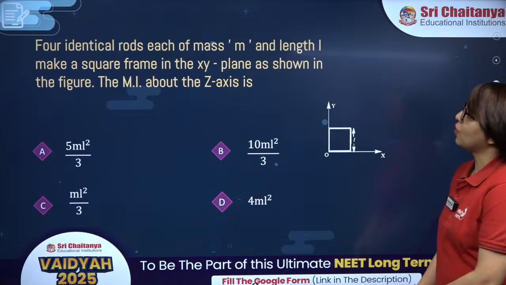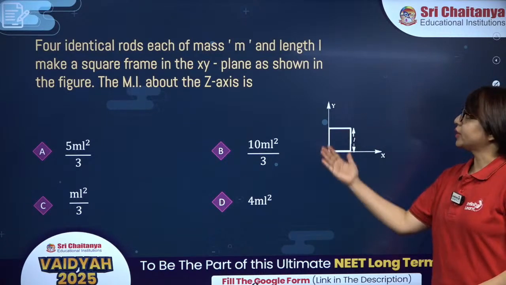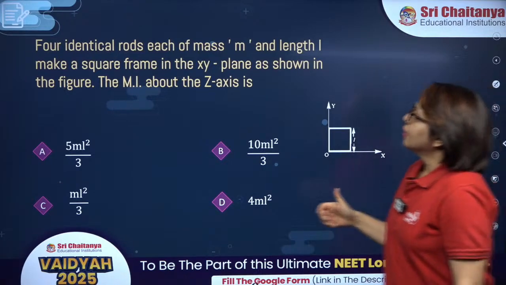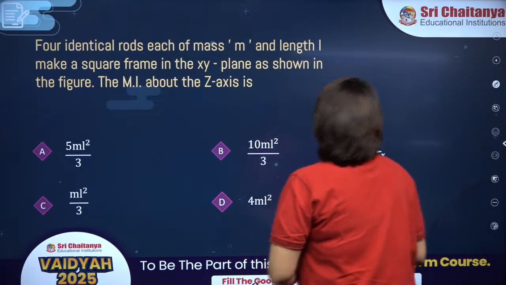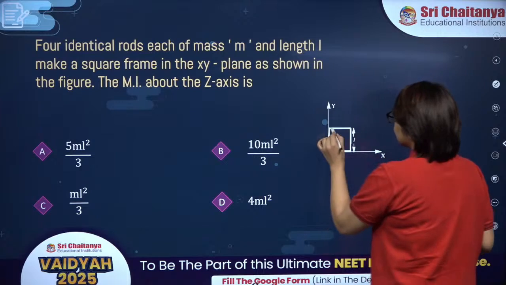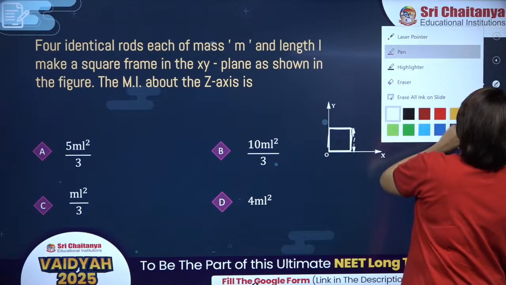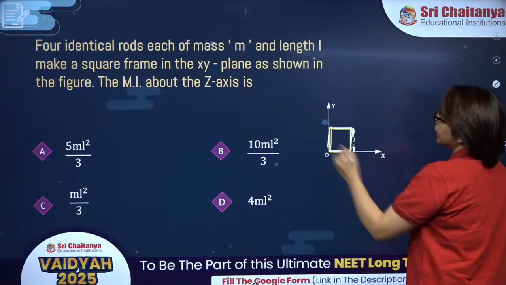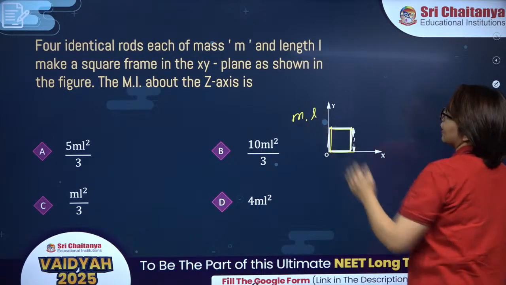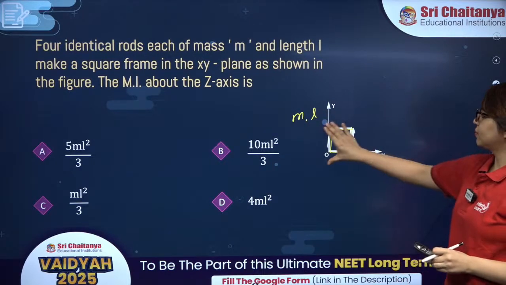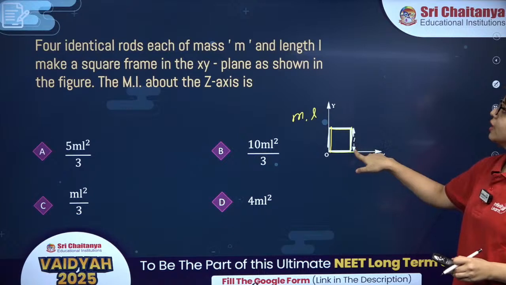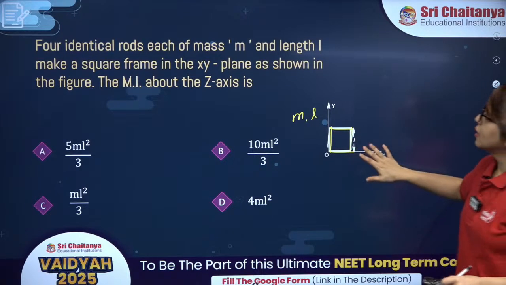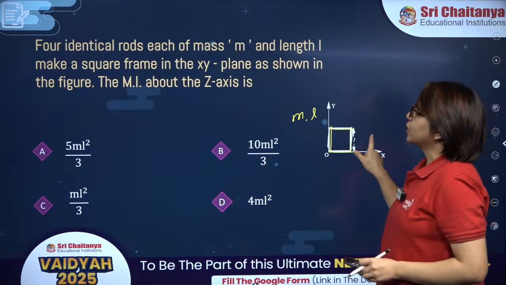This is another one from your rotational motion, from moment of inertia. 4 identical rods, each of mass m. These are the 4 identical rods over here. First, second, third and fourth. Each of mass m and length L are arranged like this to make a square frame in the xy plane as shown in the figure.